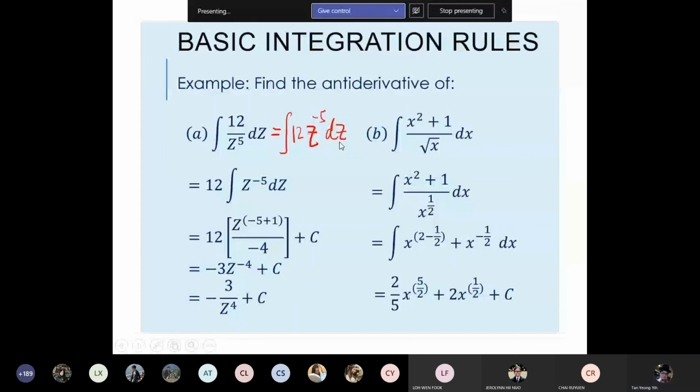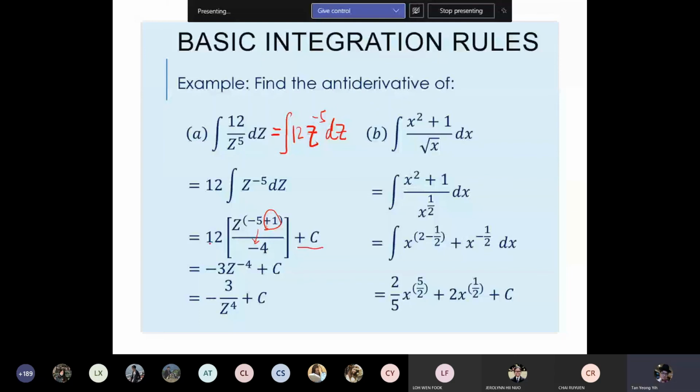Next, the 12 is a number, so we can just put it aside. We integrate the z only. When we integrate, the power plus 1: -5 plus 1, we get -4, so divided by -4, plus c.